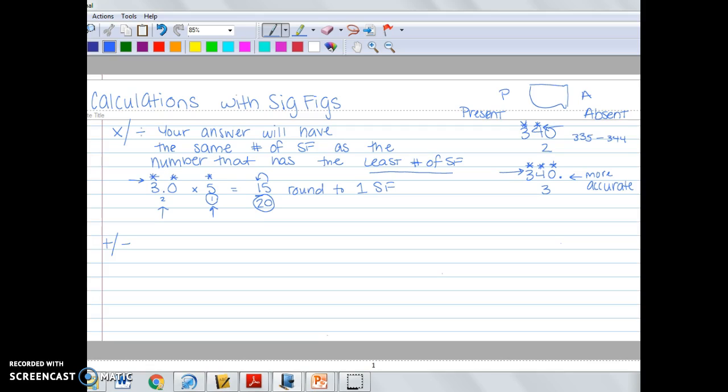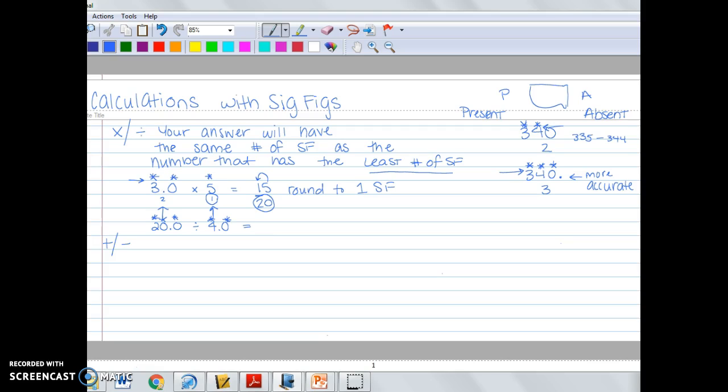So let's come up with another example. If we do 20.0 divided by 4.0, this number has 3 sig figs. This number has 2 sig figs. So 20 divided by 4, we know that to be 5.